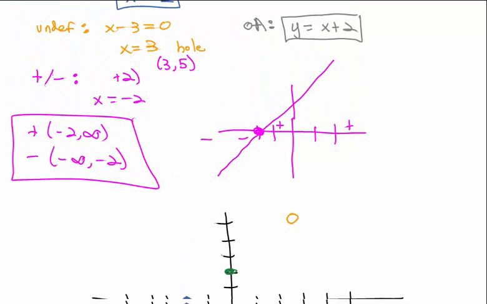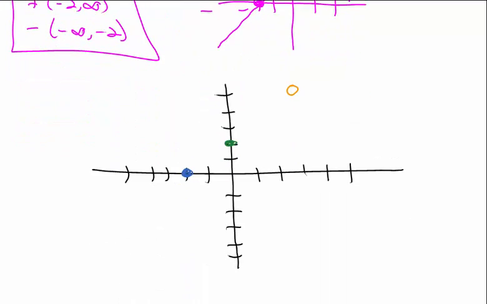In terms of asymptotes, it's going to be getting really close to x plus 2, but what you actually see is this graph is following the line x plus 2. The asymptote is the graph. In fact, this is just a straight line with a hole at 3, 5.